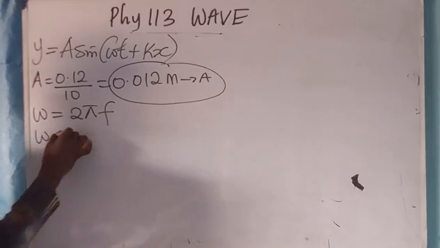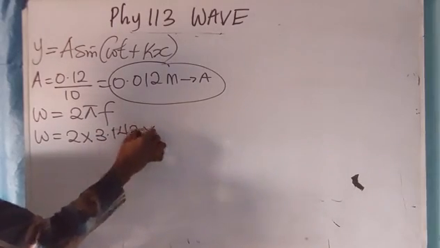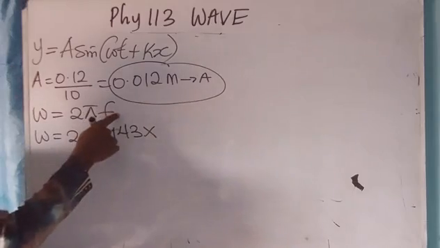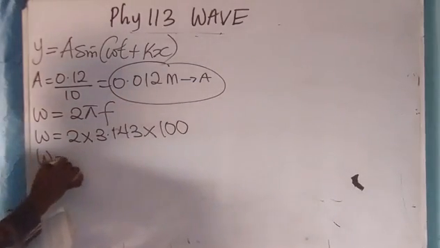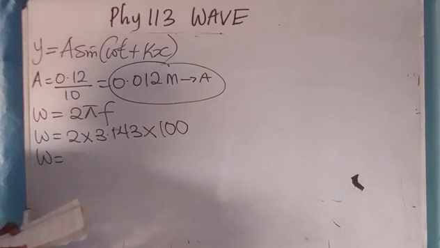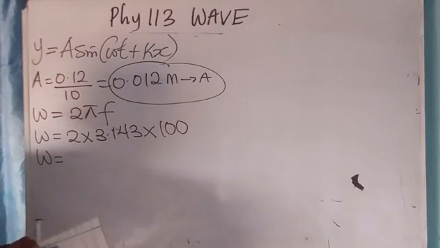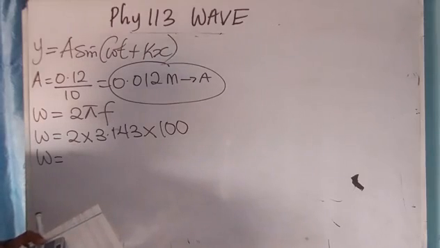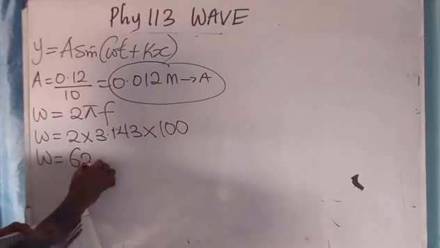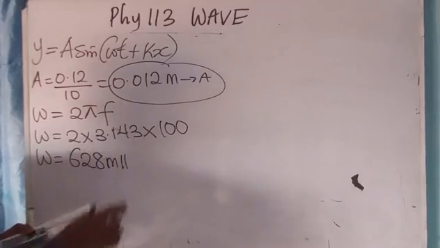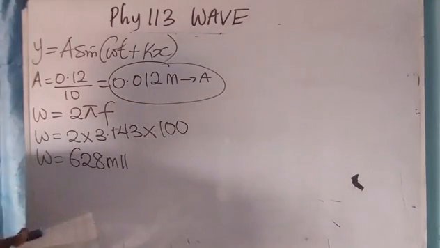So W equals 2 times 3.143 times the frequency from the question, which is 100. So 6.286 times 100 equals 628.6. I think we can just leave the answer like that.